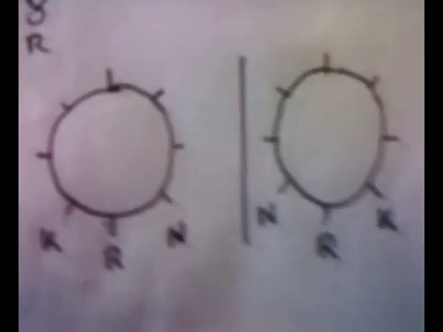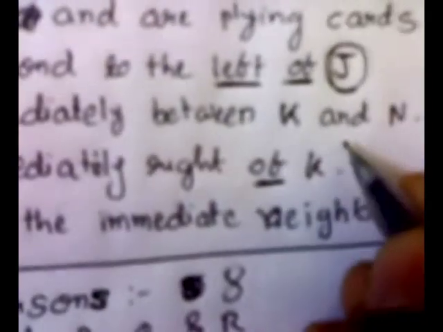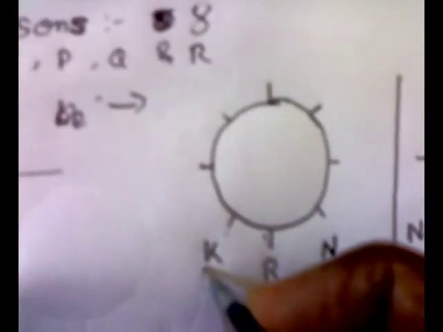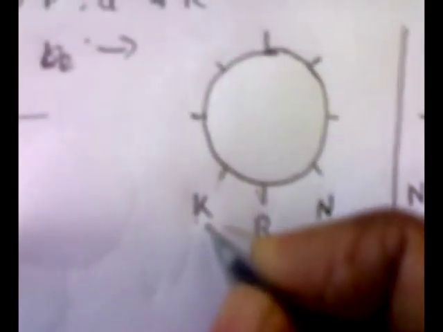Now the third condition says P is immediately right of K. So for the first circle, we'll see the word followed by of is K. So we have to move around K. Here it is K, and the condition says P is immediate right of K. The word is right, so we will move in anti-clockwise direction.